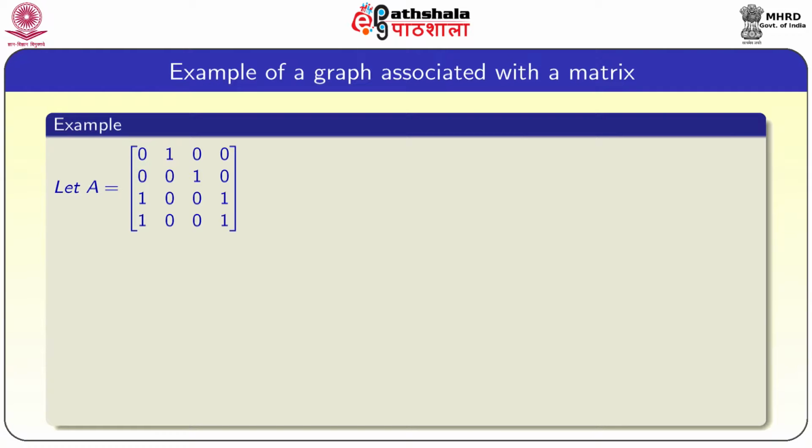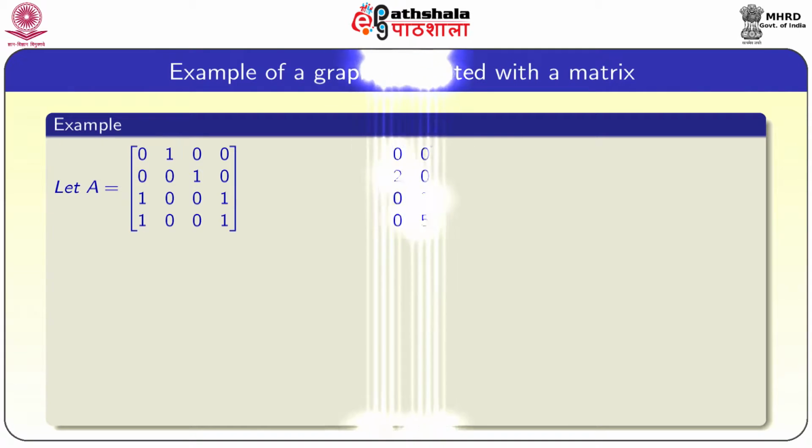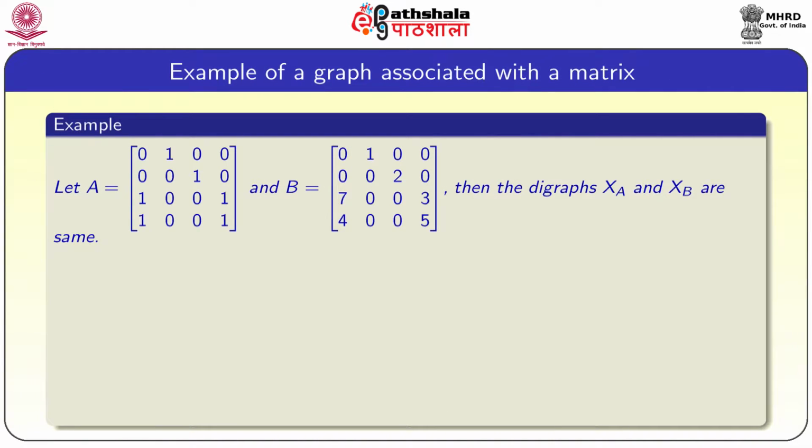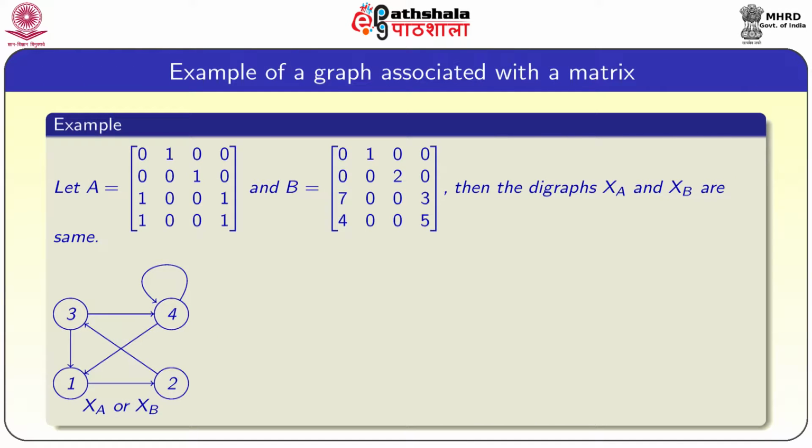Example of a graph associated with a matrix. Here we are giving two matrices. First one is A, a matrix given like this, and another matrix B. If you compare A and B, the non-zero entries in B are exactly at the same places where the matrix A has ones. So XA and XB, the digraphs, are the same, and they represent a single digraph like this.